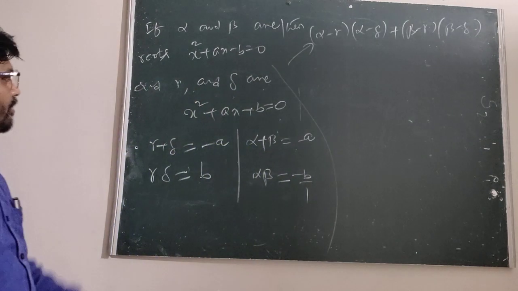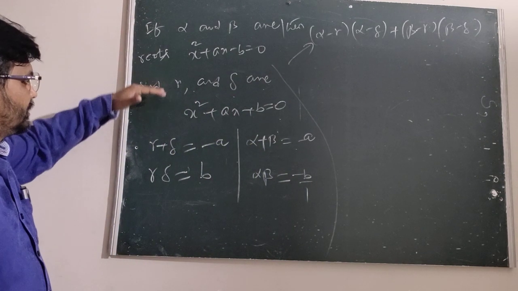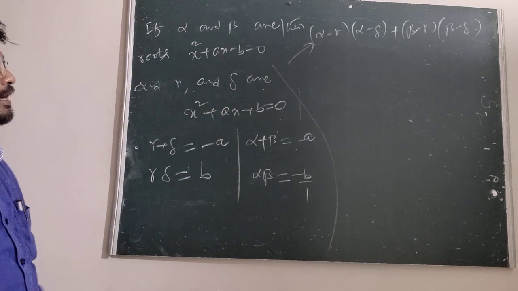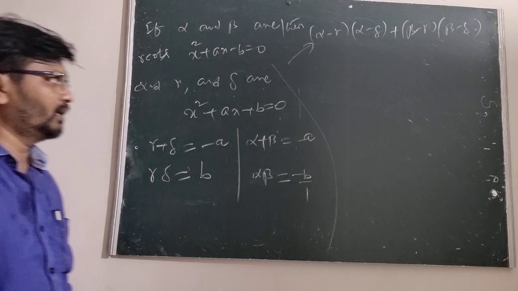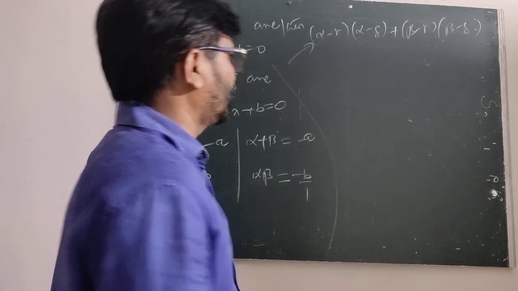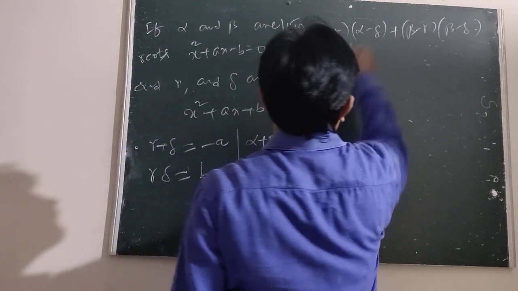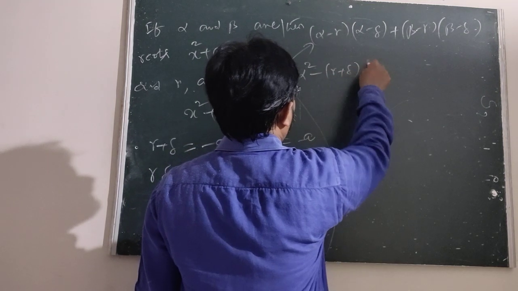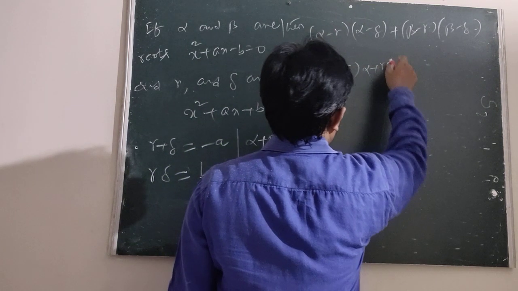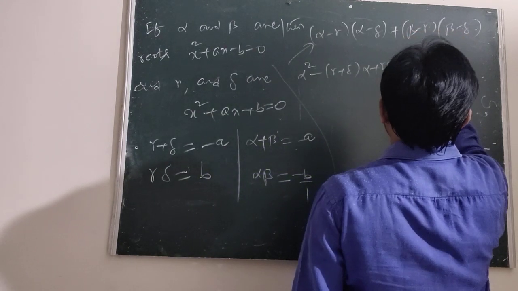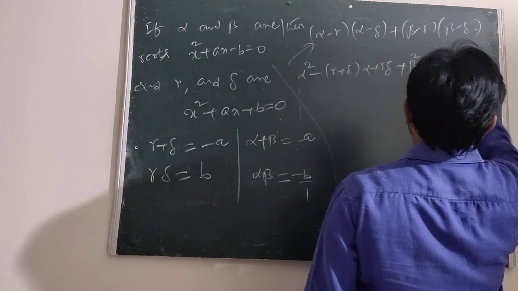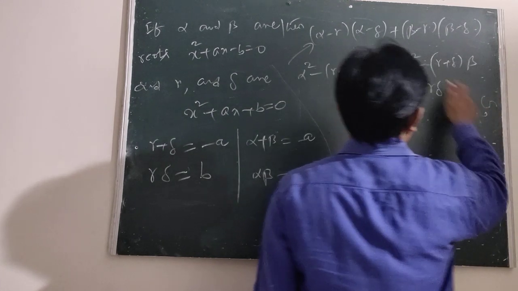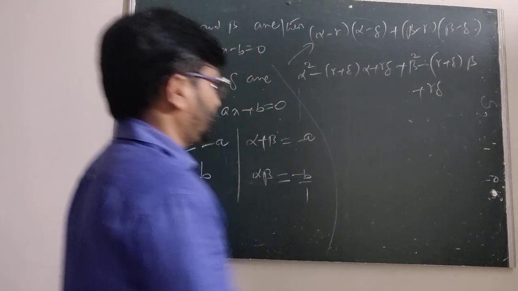Find alpha minus gamma into alpha minus delta plus beta minus gamma into beta minus delta. Now this can be written as alpha square minus of gamma plus delta into alpha plus gamma delta, plus beta square minus of gamma plus delta into beta plus gamma delta.